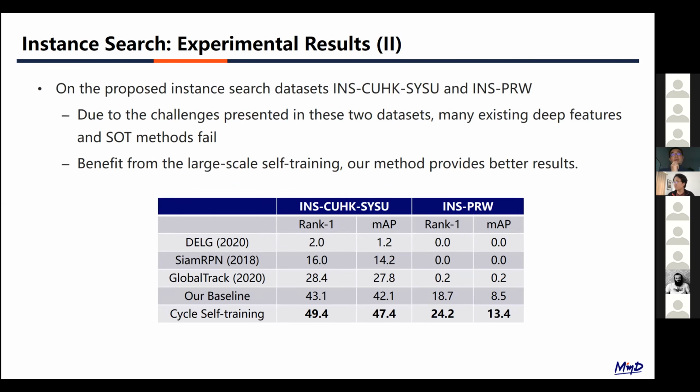The cyclic self-training method again gives us 5 to 6% performance improvement compared to the baseline. So this again verifies that even for the more challenging data sets we are facing, this simple cyclic self-training method seems to be an effective approach that we can rely on to improve the results of instance search.